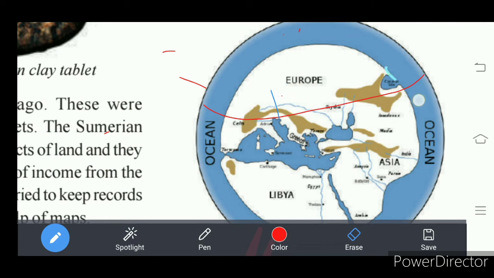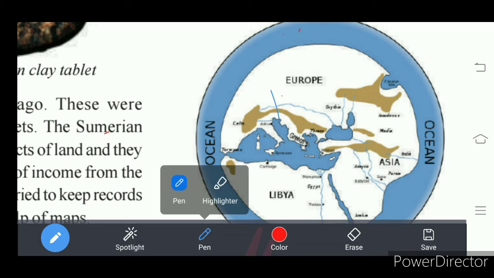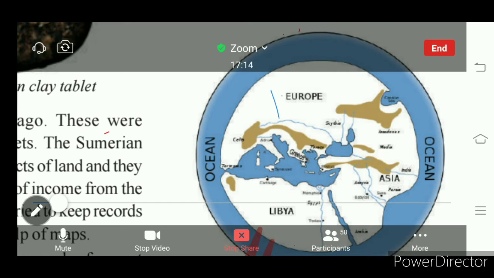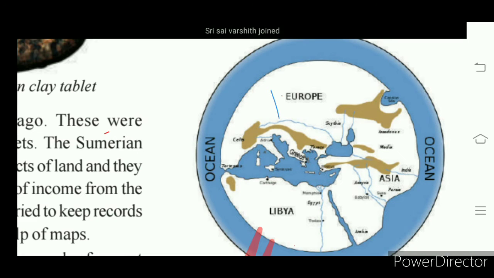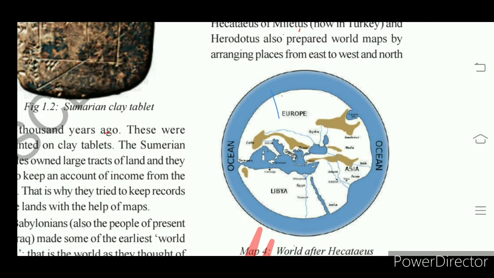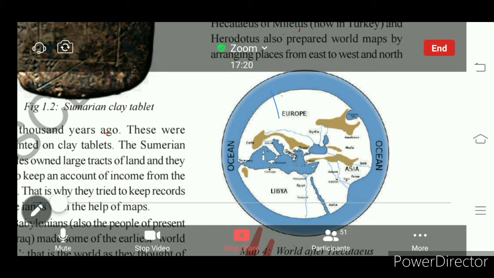So here the Greeks tried to make the maps accurately using latitudes and longitudes. So how to make latitudes and longitudes?